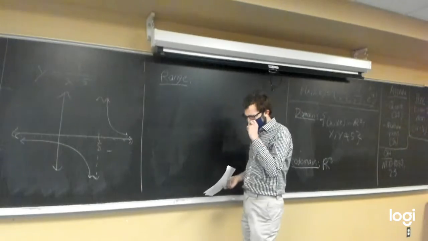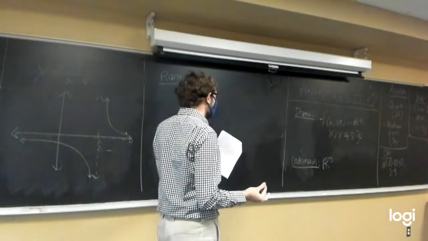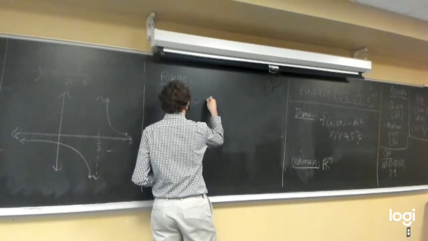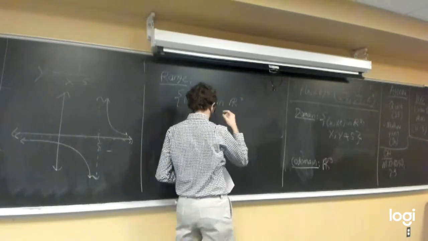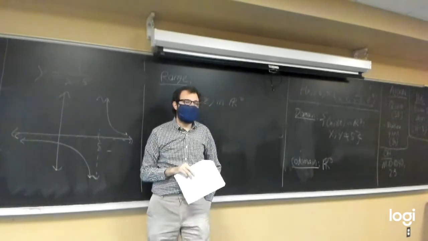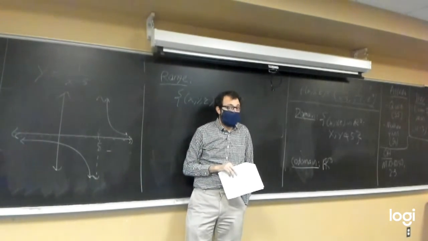Codomain: all of R3. What can we say about vectors in the range? Since our codomain is R3, we know we have to be looking at vectors x, y, z in R3 that do something. But what can we say about our output vectors, if anything?